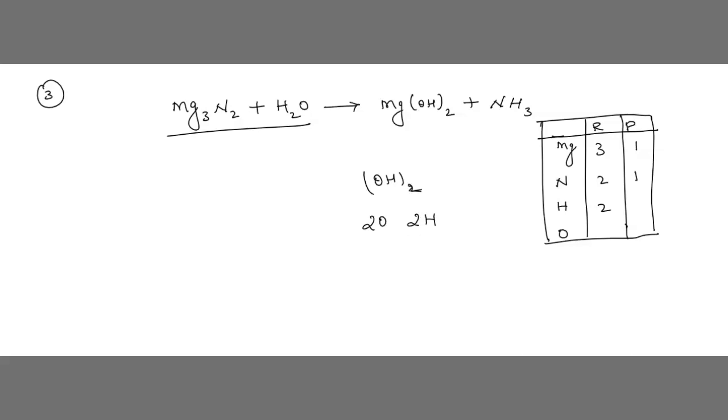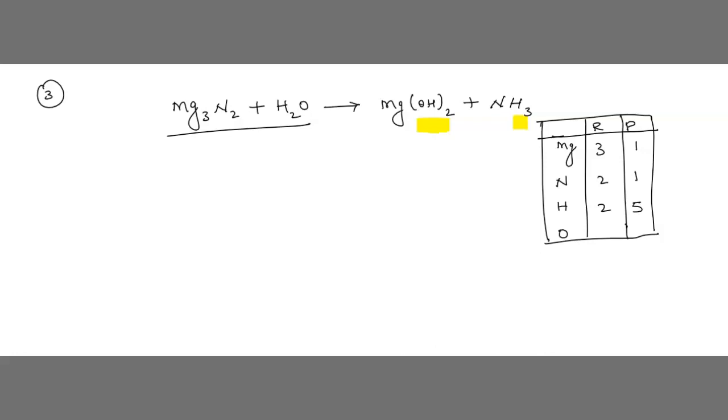For this entire bracket, if we have written this 2, it is multiplied for O also and for H also. Got it? How many H do we have? 2H plus 3H. Correct now? This is 2H, this side 2H plus 3H. That is nothing but 5H.